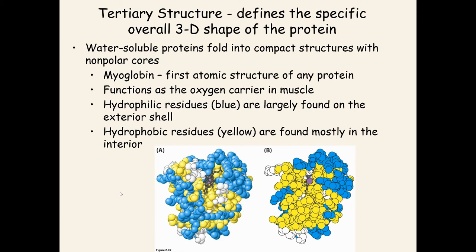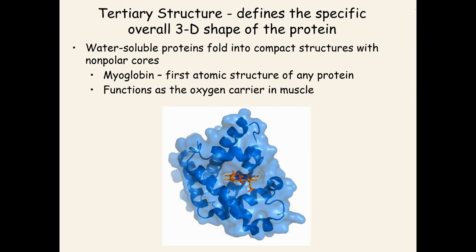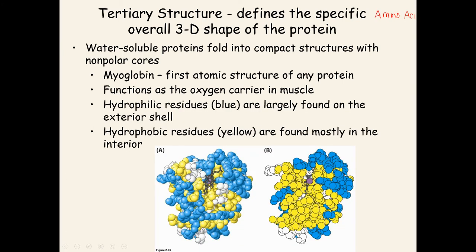Think about how amazing it is to go from an amino acid chain all the way to a structure like this that has only one structure that's functional. So we're going all the way from an amino acid sequence, primary, to secondary, to tertiary, which is the 3D structure, now a fully functioning protein.